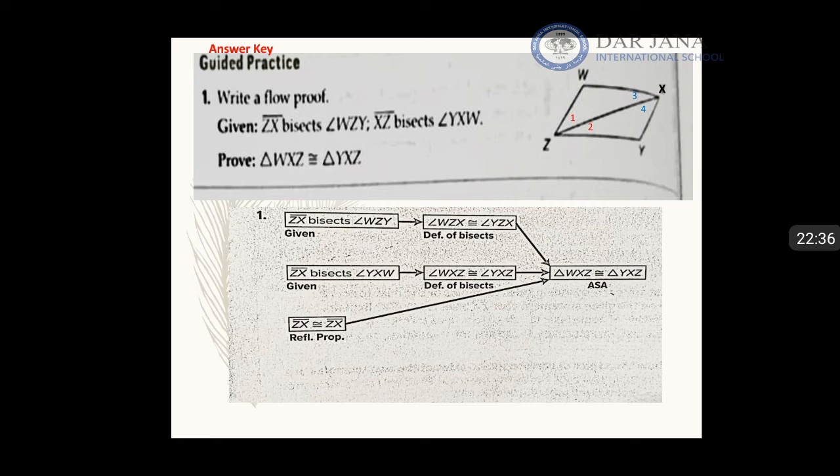So ZX is the included side between angle 1 and angle 3. Also ZX is the included side between angle 2 and angle 4. So in those two triangles, we have two angles and an included side that are congruent to two angles and an included side in the other triangle, which is the angle side angle postulate used to prove that those two triangles are congruent.